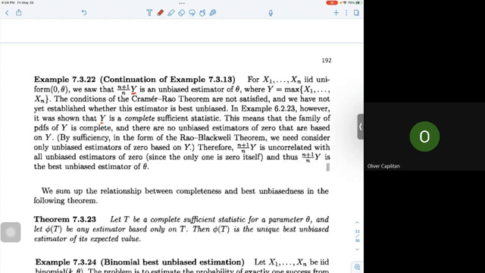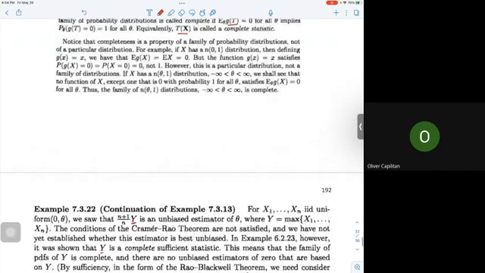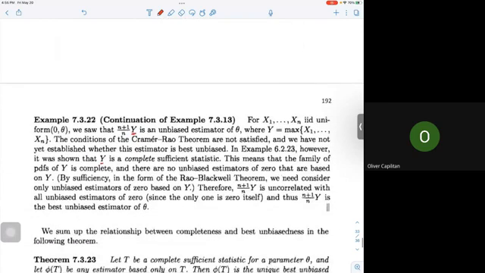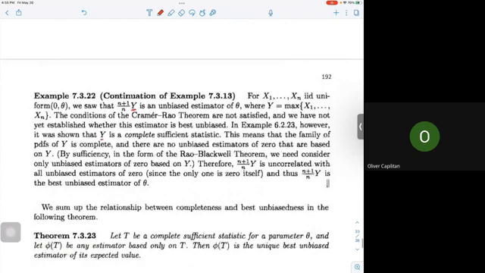According to the definition, pwede nyo yung balikan, Y is a complete sufficient statistic. So this means that the family of PDFs of Y is complete.